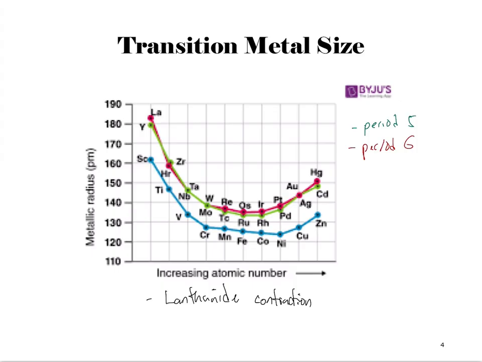Now you're filling in an extra sublevel, so all the atoms are going to contract. So this is contraction, so this is a size decrease, or an expected size increase doesn't happen because we fill in the F sublevel.